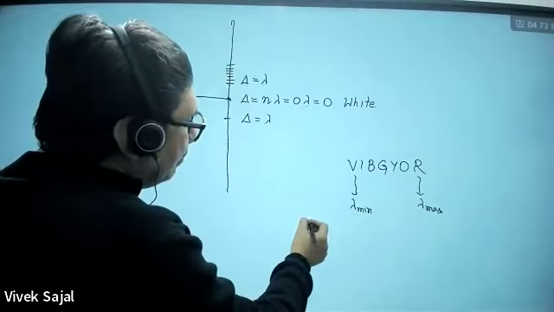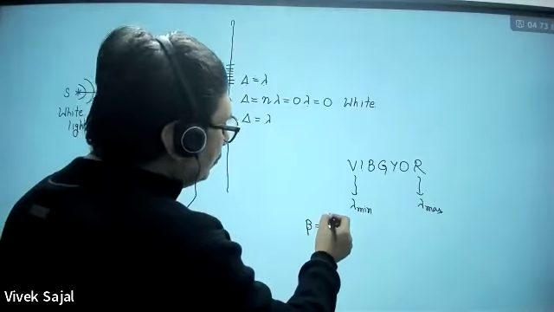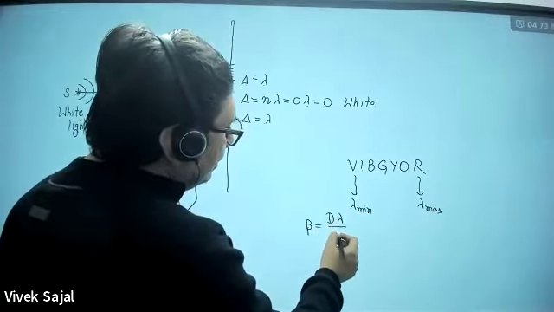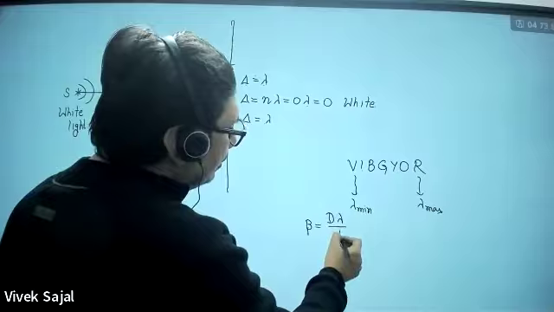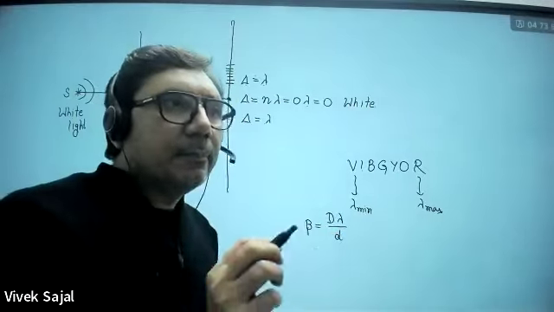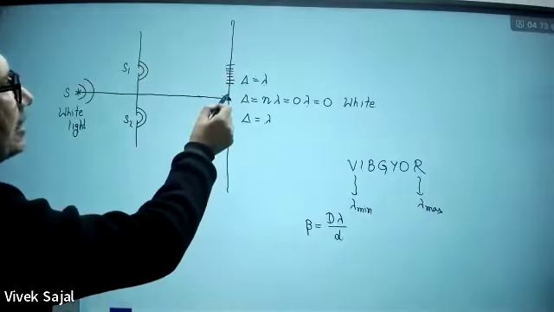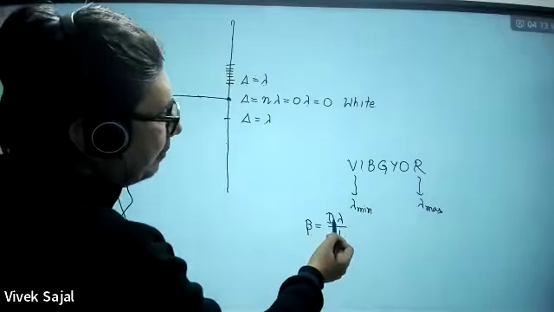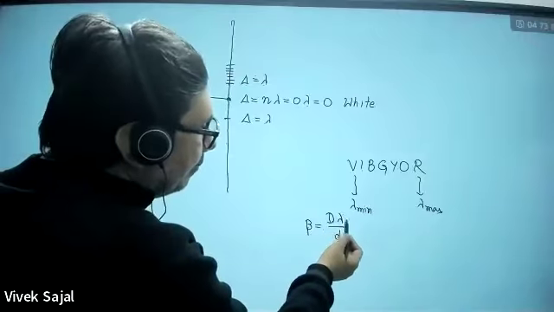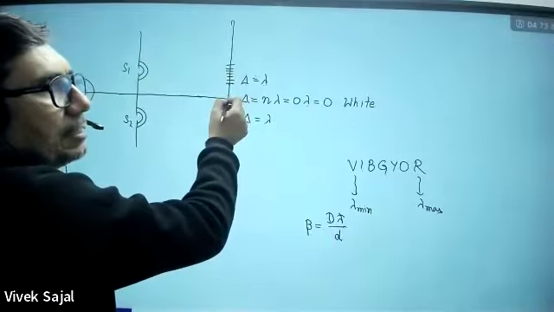Actually, this beta, the fringe width, which I have not introduced yet, is equal to d lambda by small d. This beta is the separation between two maxima. So the first order maxima will be at a distance beta equal to D lambda by d. So the color for which lambda is minimum will be closest to the central maxima.